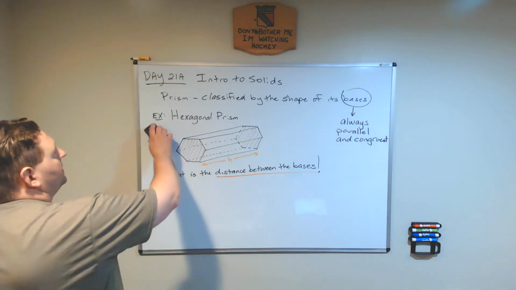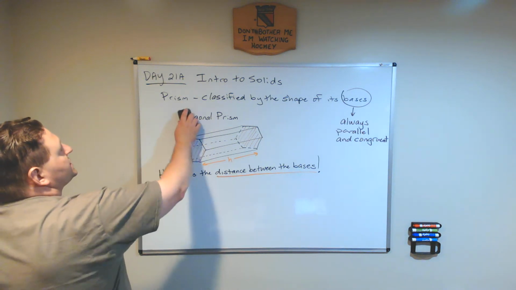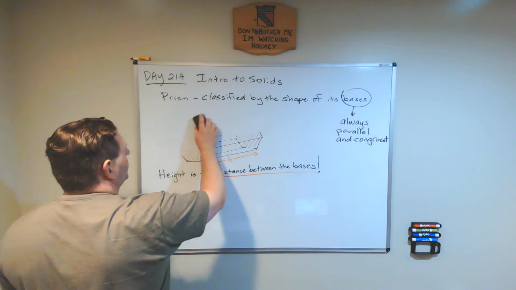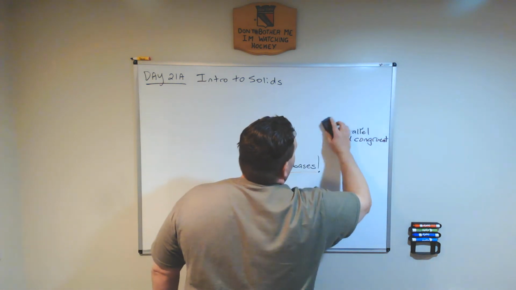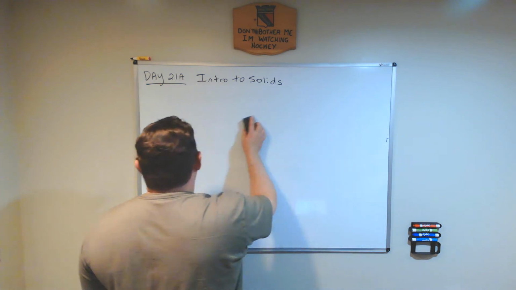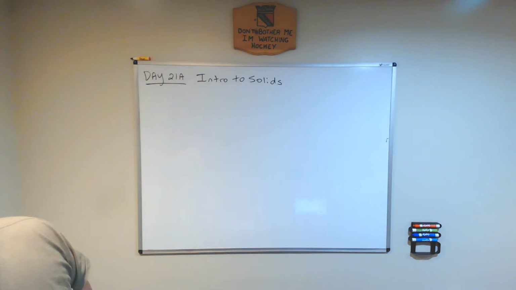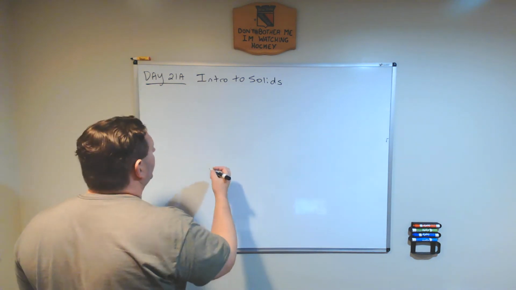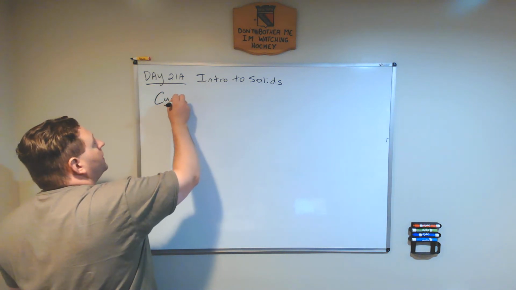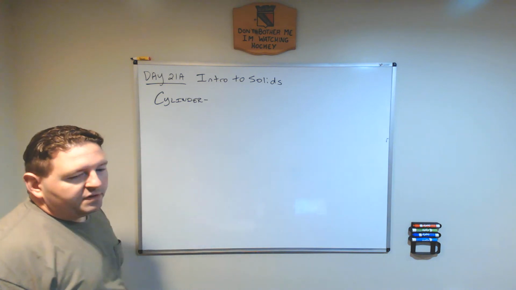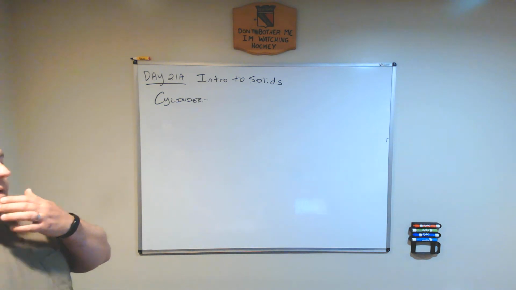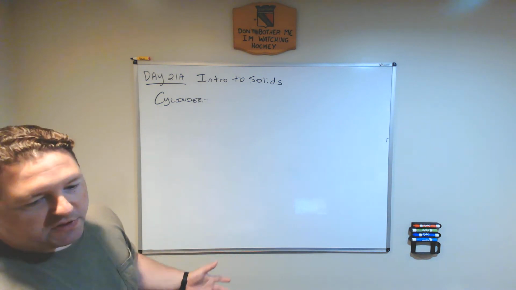Let's do a cylinder. A cylinder is much like a prism, except that its bases are always circles.